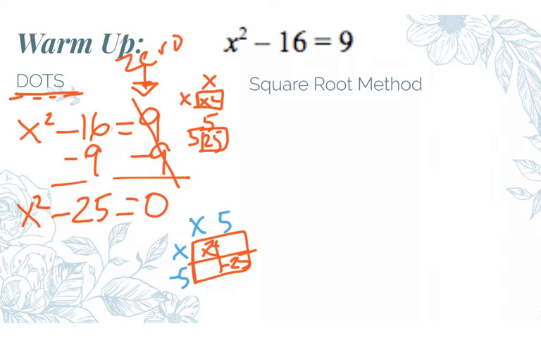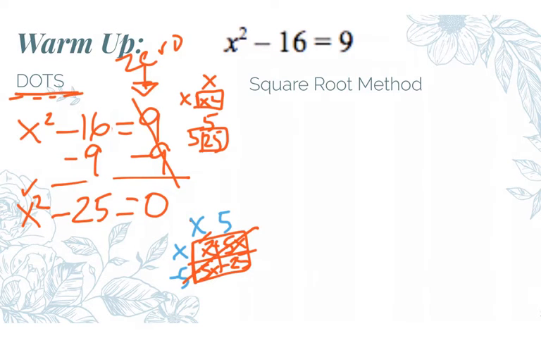Now that's important because when I fill in these other two boxes, I'm going to cancel out. That's why there's no middle term. Okay, so here I have 5 times x is 5x, and negative 5 times x is negative 5x. 5x minus 5x cancels out, leaving me with x squared, right?